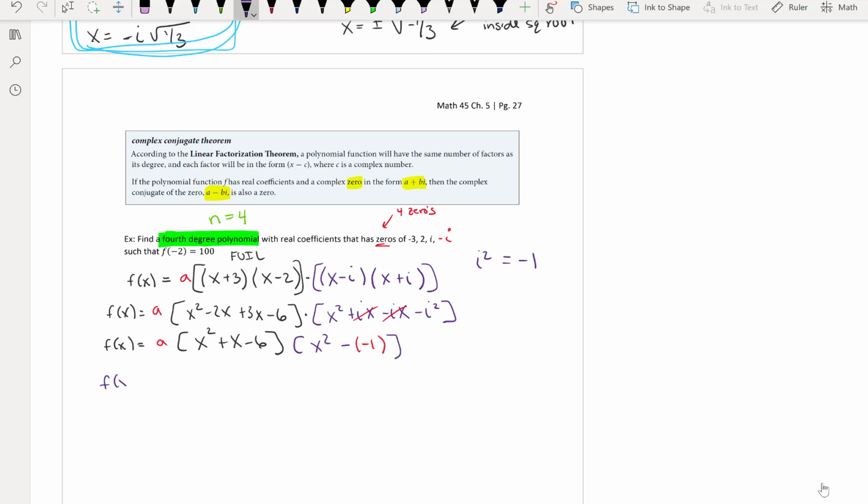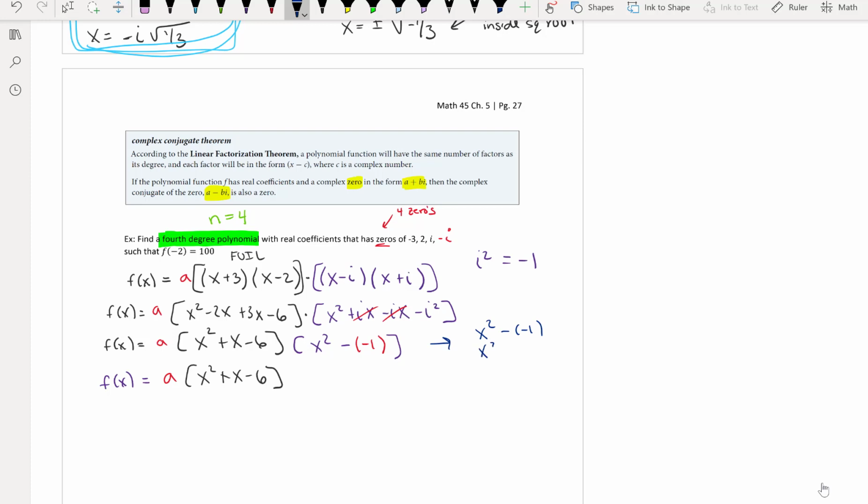So f of x is equal to my a value, and I have x squared plus x minus 6, and here, if I do this over to the side, I have this x squared minus negative 1.